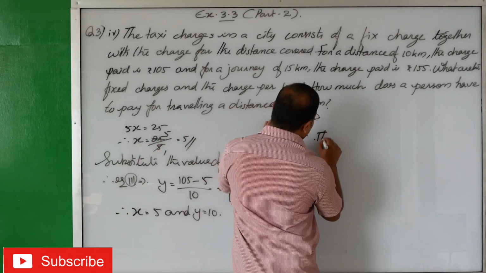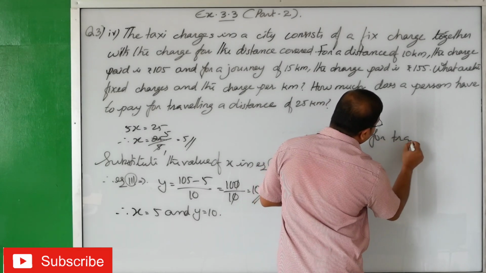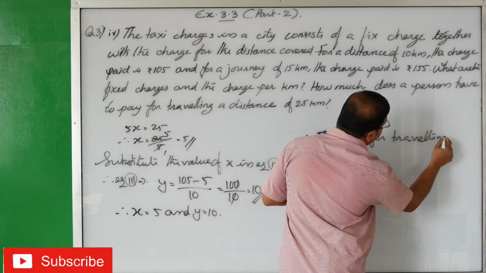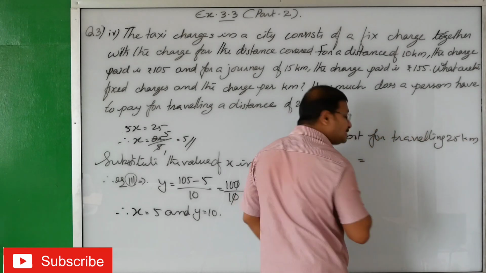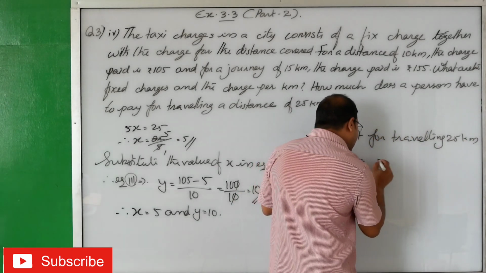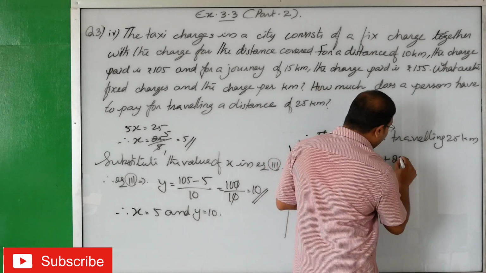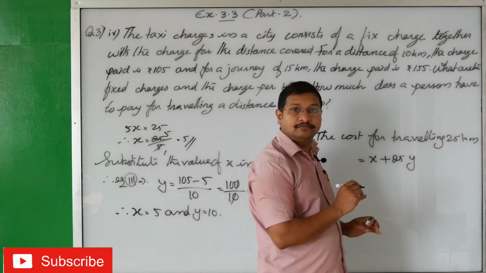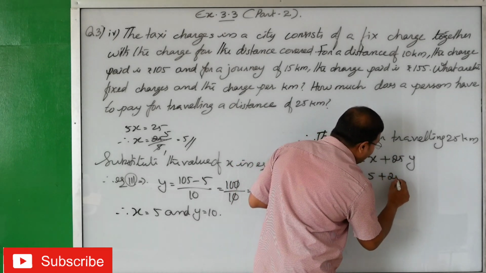Therefore, the cost for traveling 25 kilometers equals the fixed charge, that means x plus 25 into y, isn't it? Equals fixed charge is 5. 5 plus 25 into y.